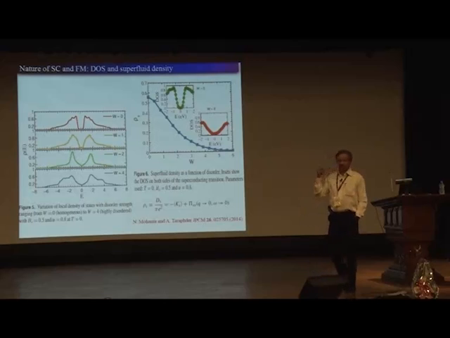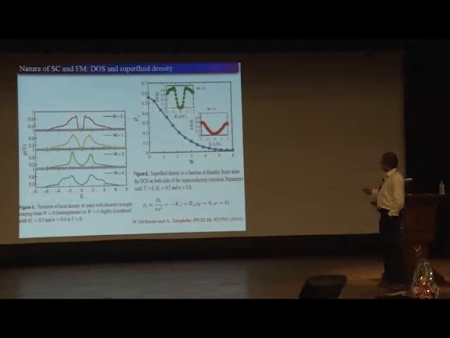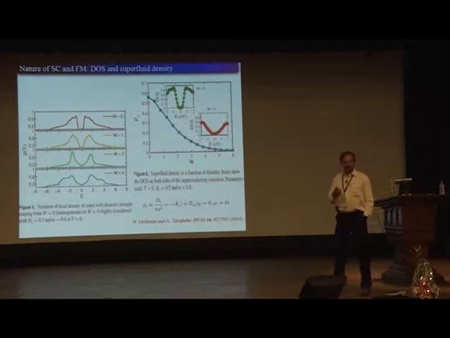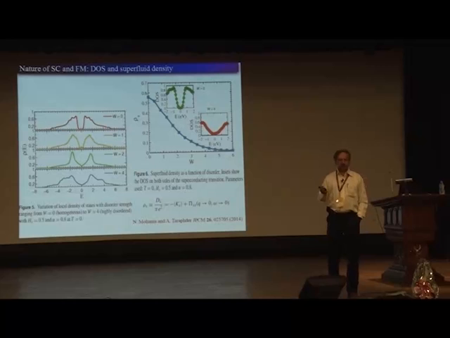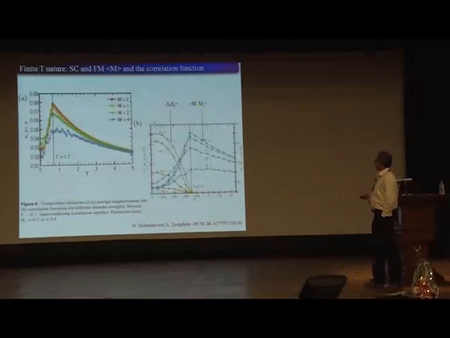So we did it for 10,000 different situations, and then averaged them, and then you can do a Fourier transform. What you can see is that the superfluid density rho_s is actually fairly robust with respect to disorder, and that is what you see in these systems, because the superconductivity survives even in the most disordered system.